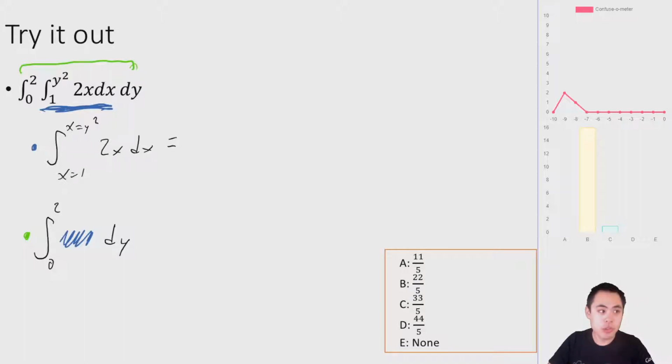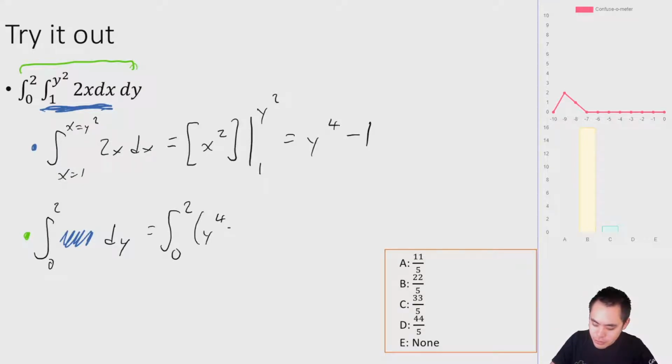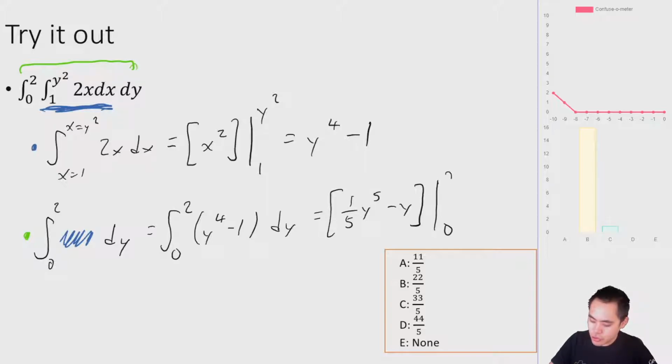This thing is equal to, well, the integral of 2x dx is just x squared from 1 to y squared. So this is equal to y to the 4th minus 1. And then you plug this entire thing in. So this is equal to the integral from 0 to 2 of y to the 4th minus 1 dy, which is going to be equal to 1/5 y to the 5th minus y from 0 to 2.